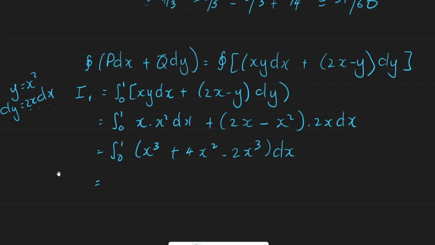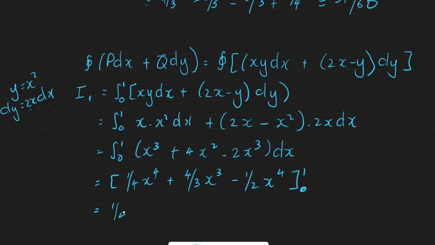So proceeding to evaluate this integral, what we get is x cubed, which is integrated to become 1 over 4 x to the power 4. Then carrying on in this manner, we get plus 4 over 3 x cubed, which is the second term integrated, and then lastly minus half x to the power 4, integrated from 0 to 1.